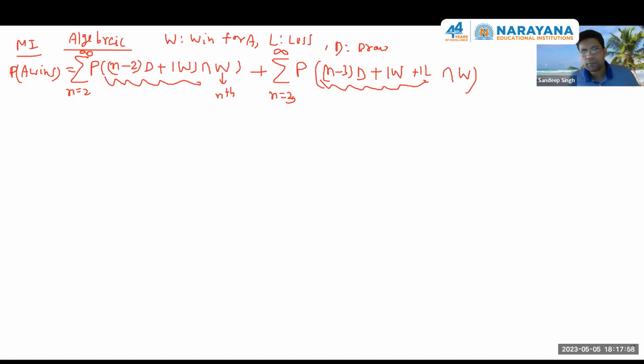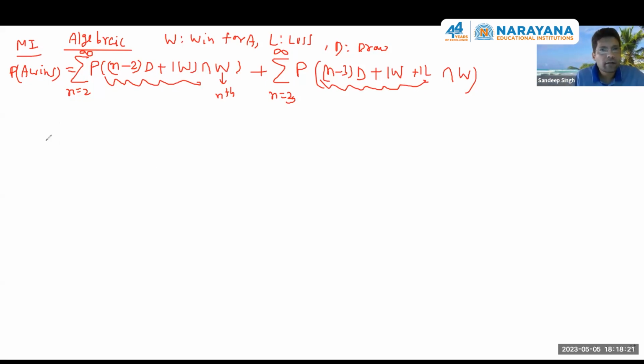Are you able to follow? The first case means there are only 2 matches: win and win. Match is over, tournament is over. Or DWW or WDW. They all come in the first case when there are no losses, and when there is 1 loss for A, it comes in the second series.